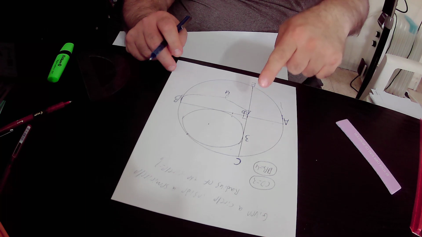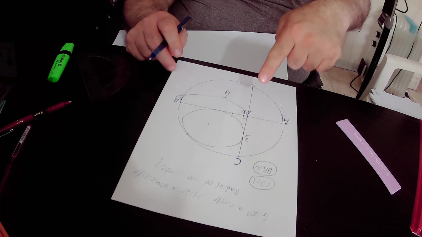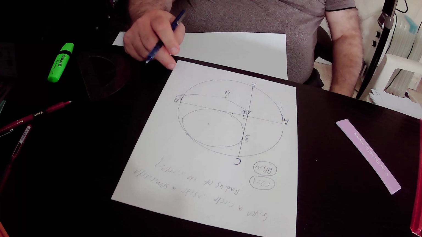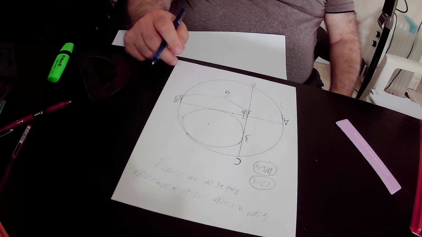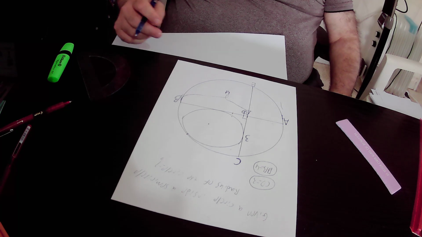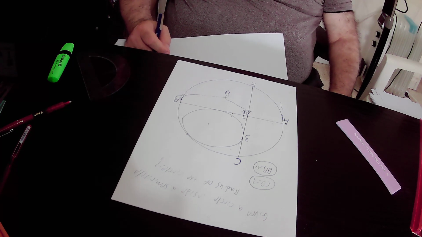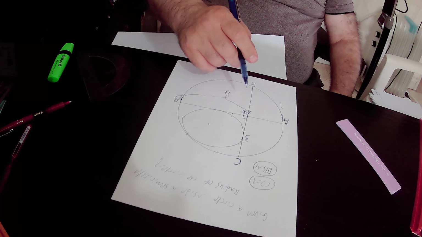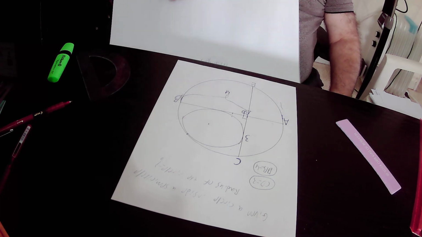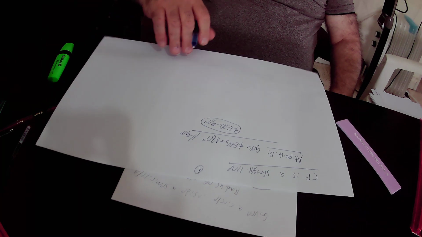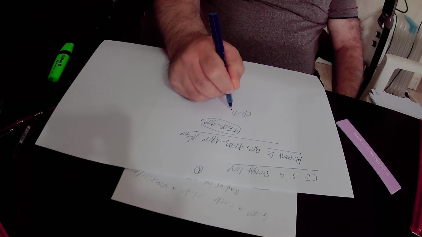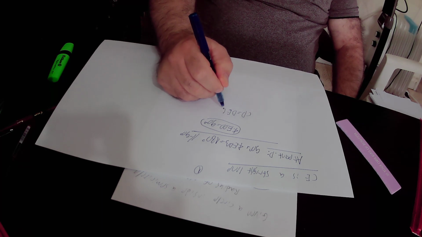Why? Because angle CDB equals 90 degrees, and EDB is also equal to 90 degrees. So DE is the mirror image of CD, and because of that we conclude that CD equals DE by symmetry.